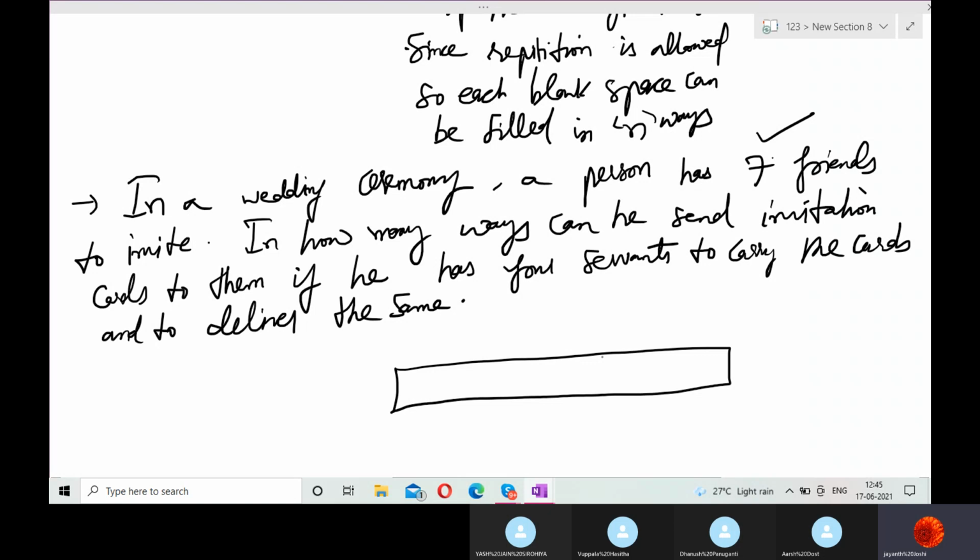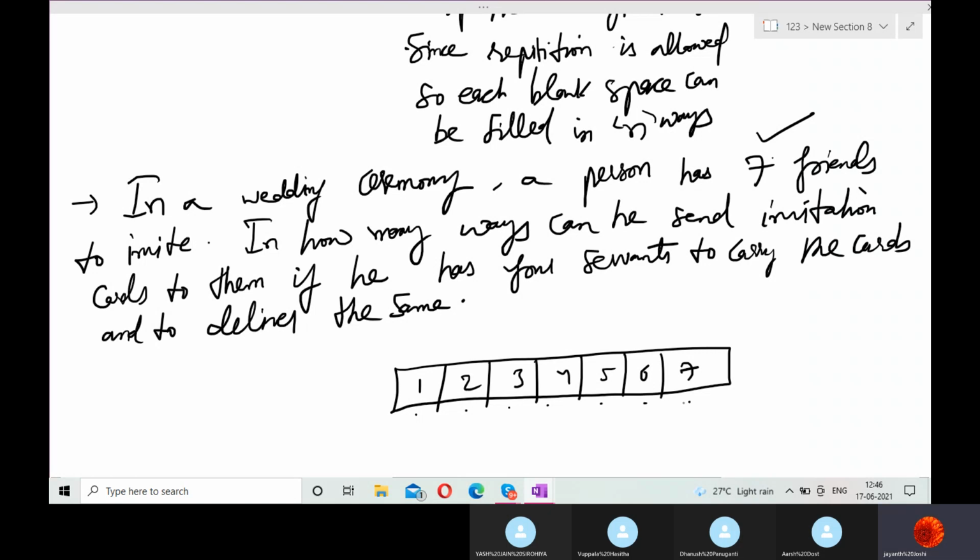So here I have not given any condition like n greater than r or something like that. Okay. So here who is repeating? Servants will be going to each house now. Here nothing is like n is greater than r. Okay. You should understand the concept. How many friends are there? 7 friends.